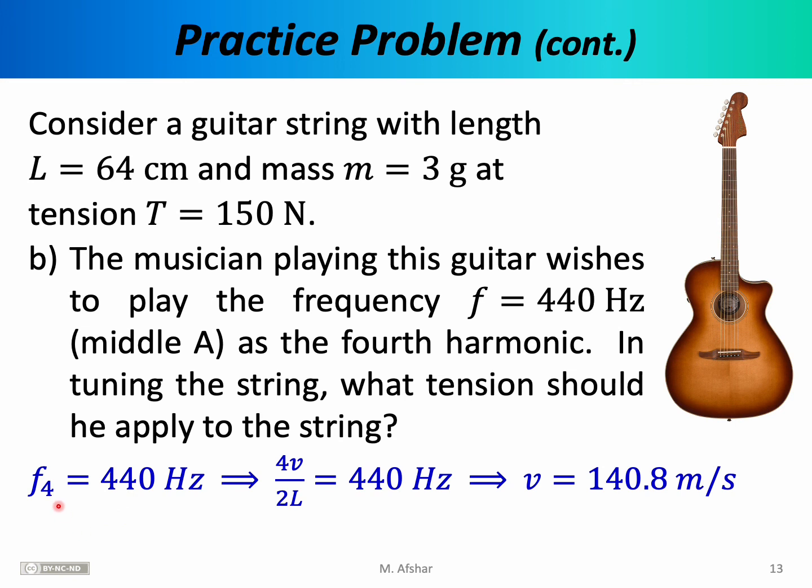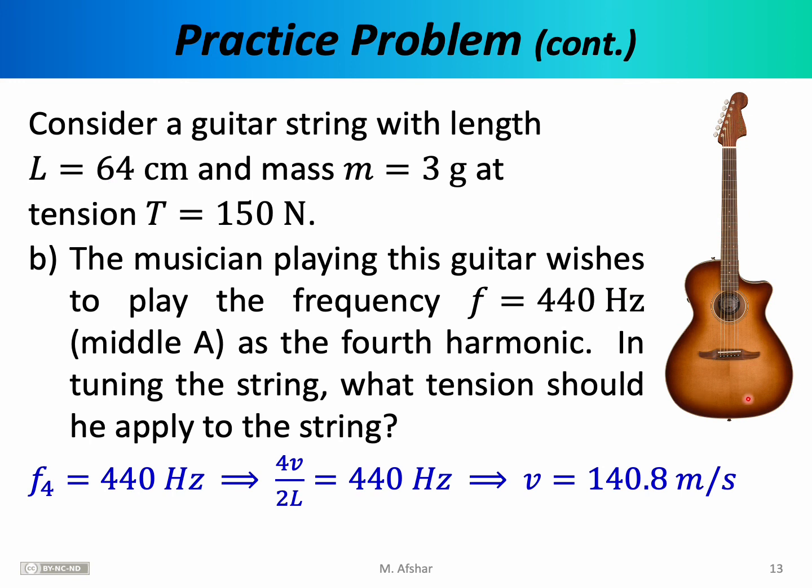Remember that the nth frequency is n times v divided by 2L. So what we have here is a situation where 4 times the wave speed divided by 2L is equal to 440 Hertz. We know the length of the guitar string is 64 centimeters. That's not something the musician can change.